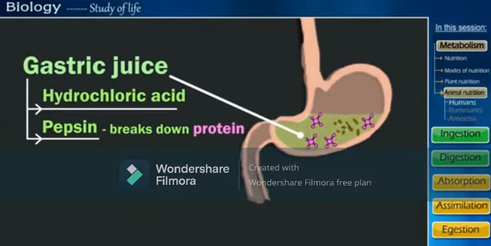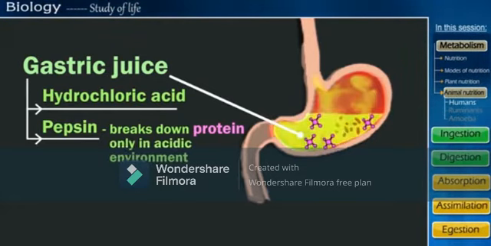Pepsin is also present in the gastric juice. Pepsin helps in the breakdown of proteins, and the hydrochloric acid converts the inactive enzyme pepsinogen into its active form, that is pepsin. So pepsin breaks down proteins only in the acidic environment.